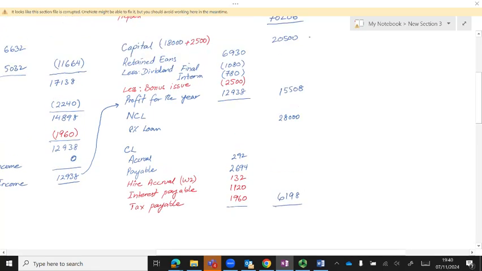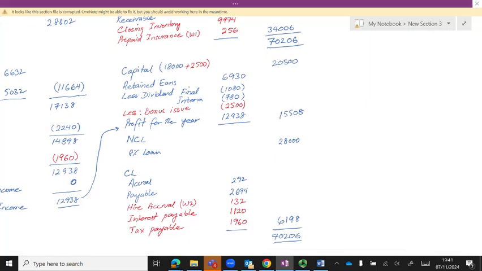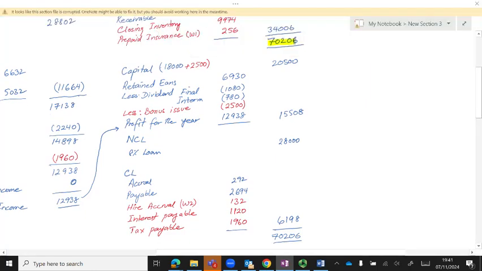Now we are going to add the capital plus retained earnings plus non-current plus the current, and that is 70206. You can see that all the assets are equal to capital plus the liability.